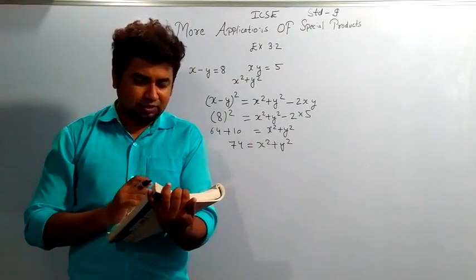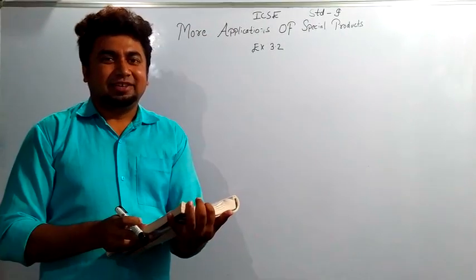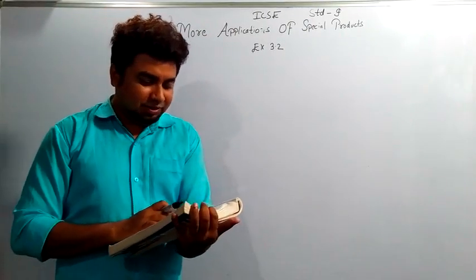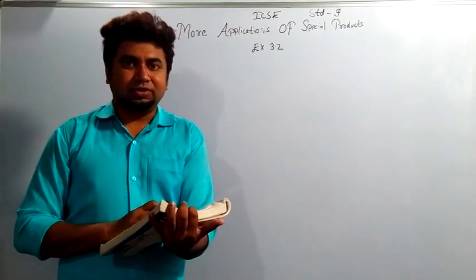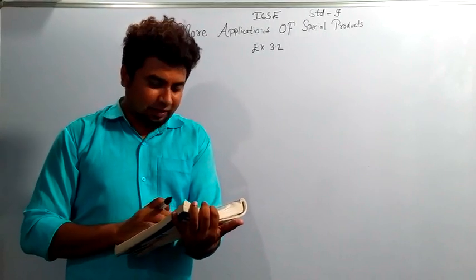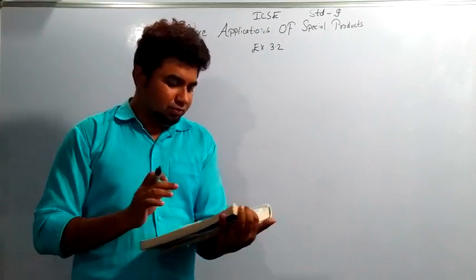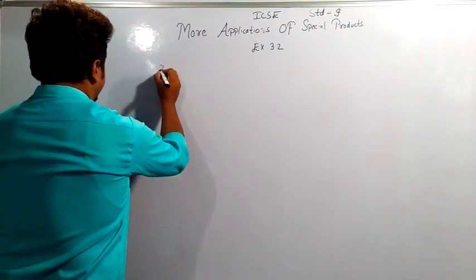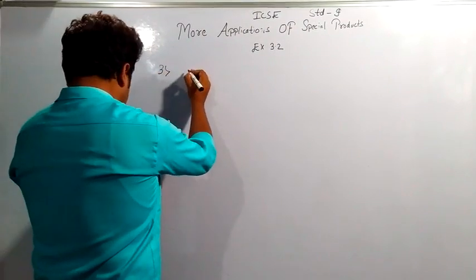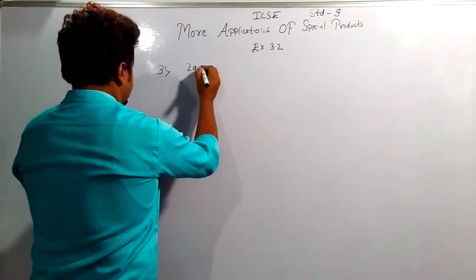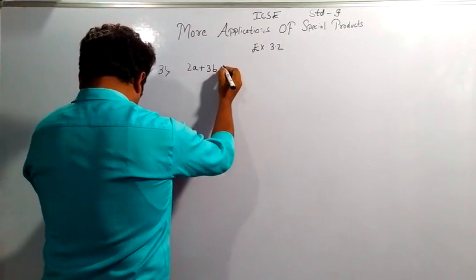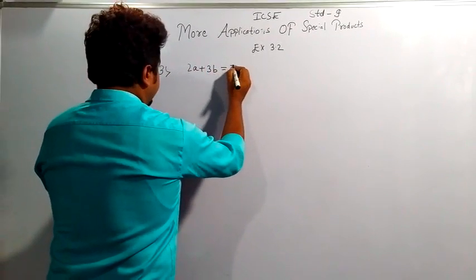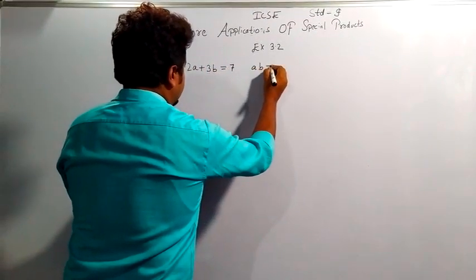Now we'll be proceeding to question number 3. In question number 3 it is given if 2a plus 3b is equal to 7 and ab is equal to 2.